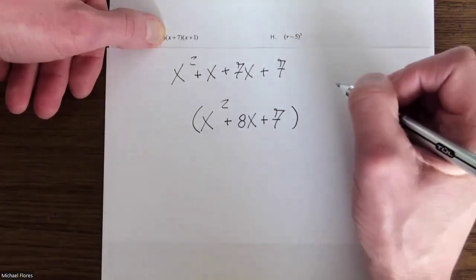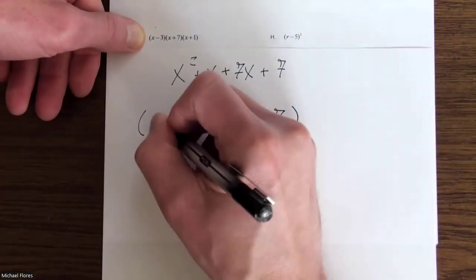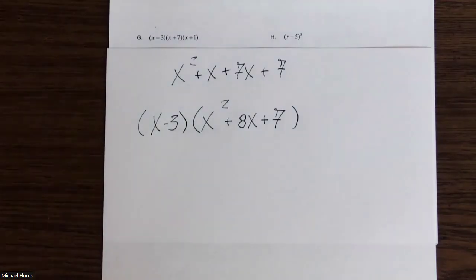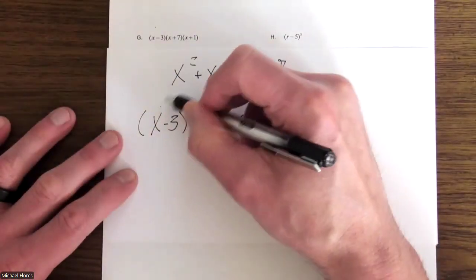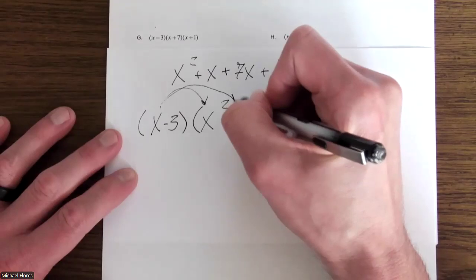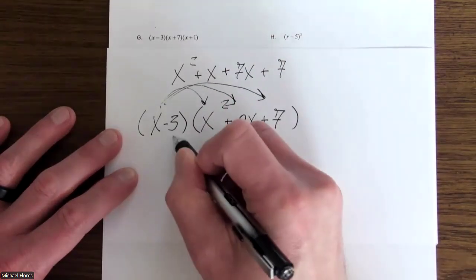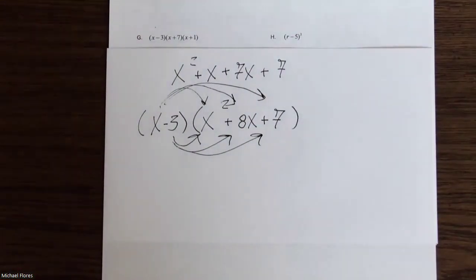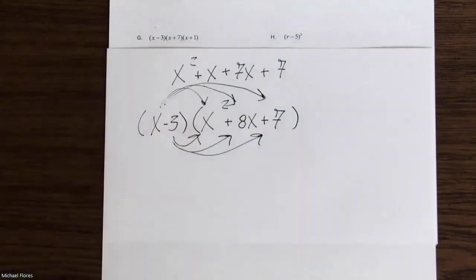I'm going to wrap that in parentheses, and now I'm going to include that. And then you know what you need to do from here? This times that, times that, times that, this times that, times that, times that, which I will let you do at your own time, and then you can check the answer key and see if you got it right.